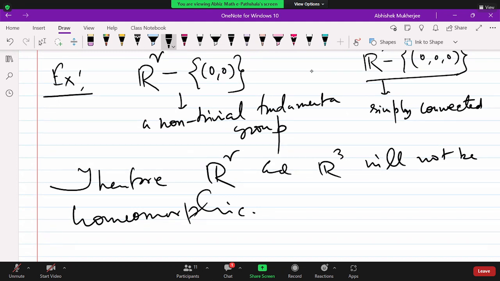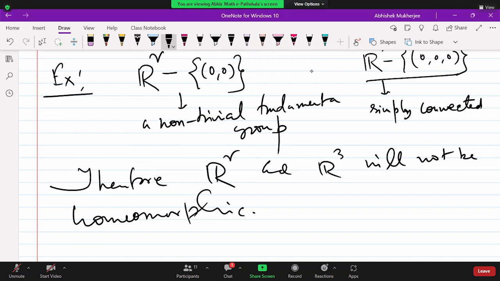Now again, okay. Good. So now let us introduce the covering maps.